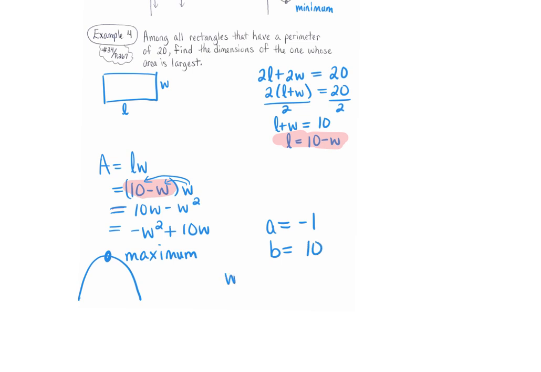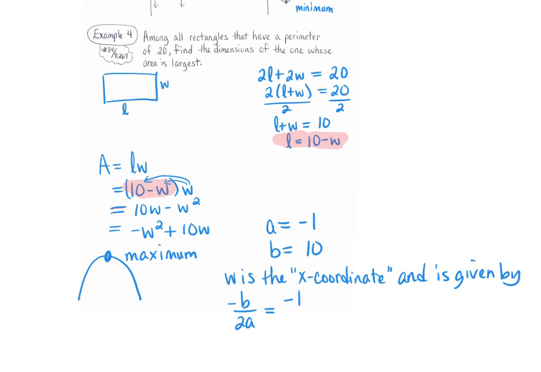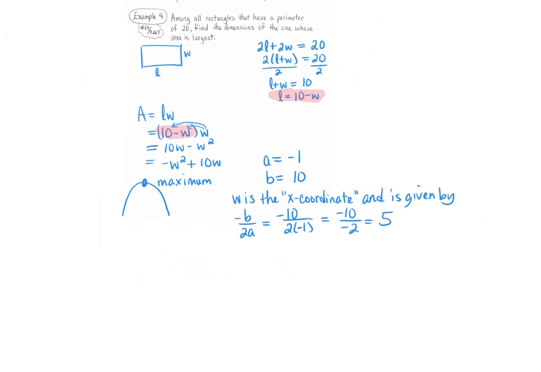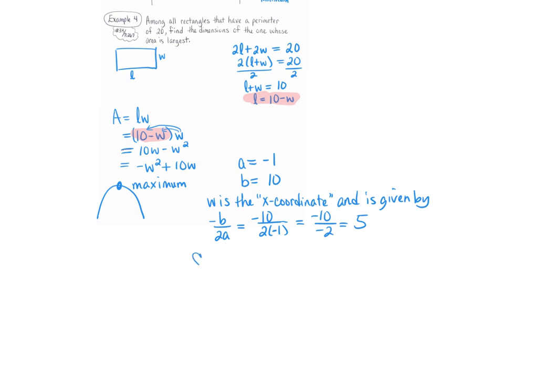So W is the x coordinate, and is given by -B over 2A, which is -10 over 2 times -1. That's -10 over -2, which is 5. So W is equal to 5.